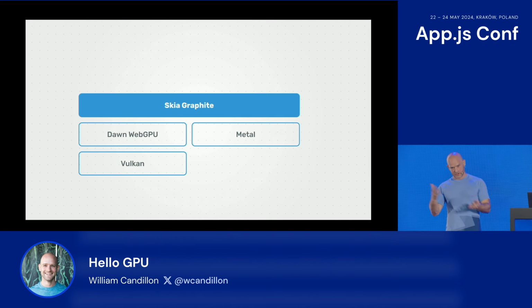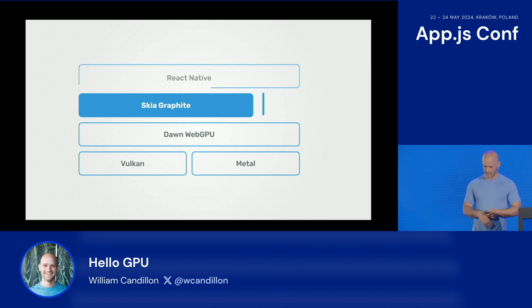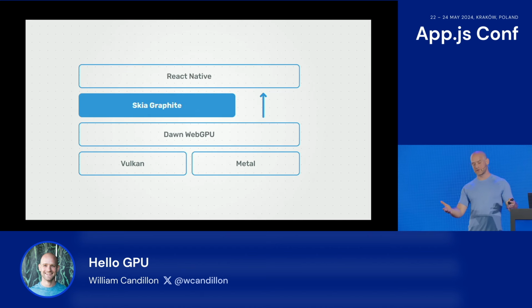And that will enable us to migrate to Skia Graphite. Once we've done the migration, we can also use WebGPU on iOS. And as soon as we use the same 3D API across iOS and Android, we want to give you access to this API in React Native.